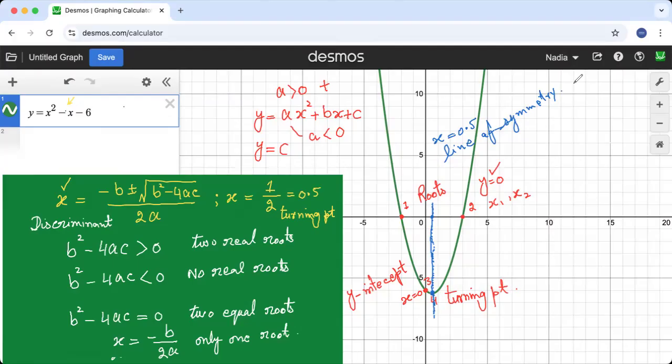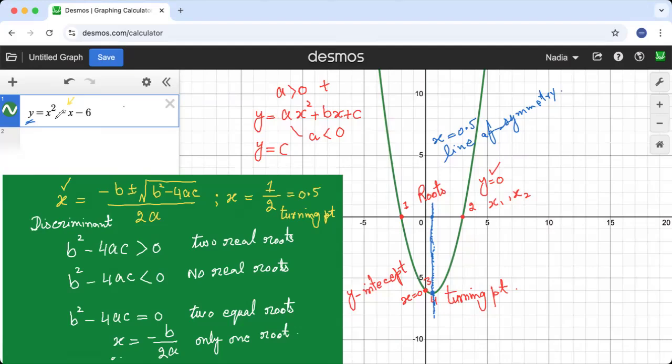Now this x value, which is 0.5 in our example, or in general x is equal to negative b over 2a, is the x coordinate of the turning point. If you put this value back in the equation, you will find the value of y, which will be the y coordinate of the turning point.